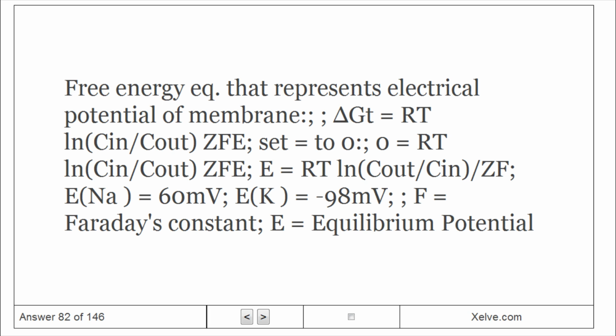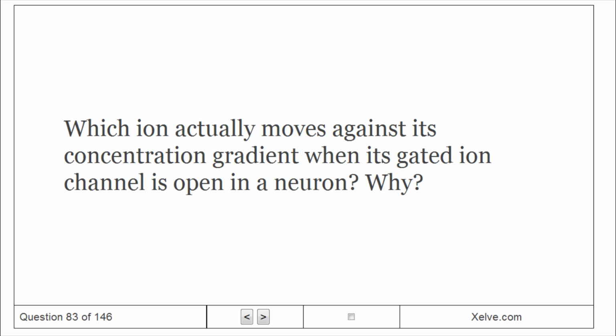Set equal to 0: 0 = RT ln(Q) + ZFE, so E = -(RT/ZF) ln(Q). E_Na = 60 mV, E_K = -98 mV, F equals Faraday's constant, E equals equilibrium. Which ion actually moves against its concentration gradient when its gated ion channel is open in a neuron, and why?